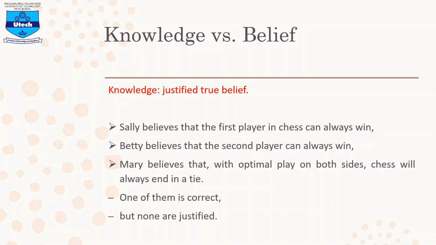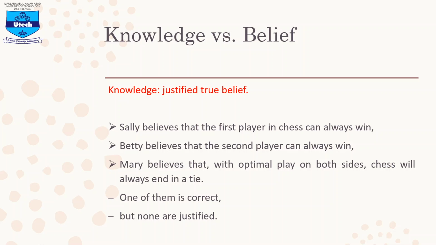But if the beliefs are justified and true, then that is knowledge. So let us have one example. Some statements have been given to us. The first statement is, Sally believes that the first player in chess can always win, while Betty believes that the second player can always win.